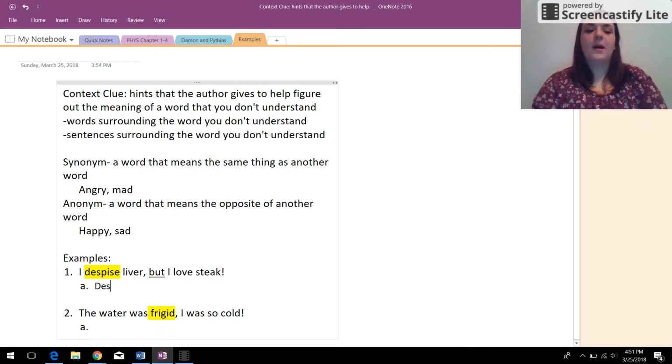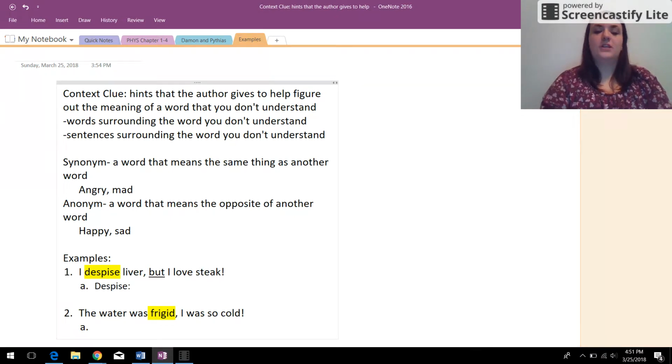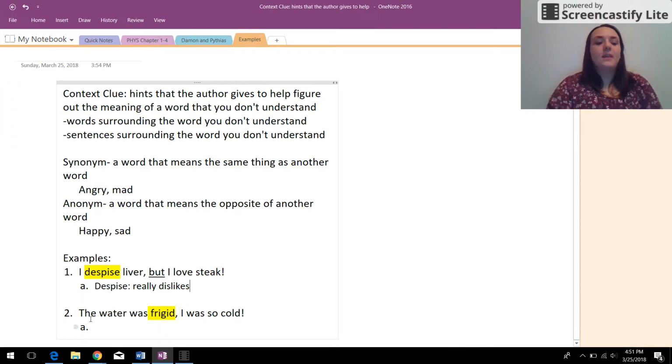So we can come up with the definition that despise means really dislikes. He does not like liver, but he likes steak. That's an example of an antonym, because despise and love have completely opposite meanings.